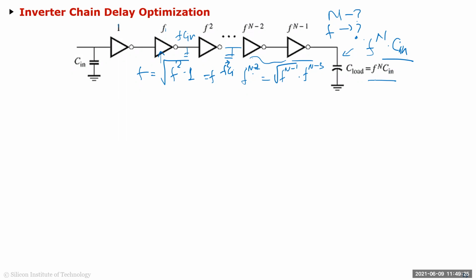So the n I can find from this equation here: n is the natural log of C load over C in, the ratio of this load versus this, divided by the natural log of the fan out F. So if I know C load and C in, which usually I know, I can find n, but I still need to know f, and I don't know f, right? I need to find that f. So we need to find another equation which will give us hopefully this, or at least graphically this.